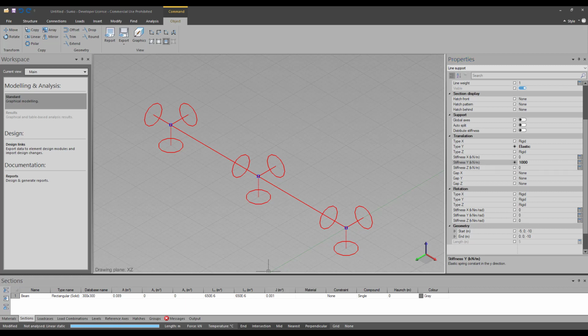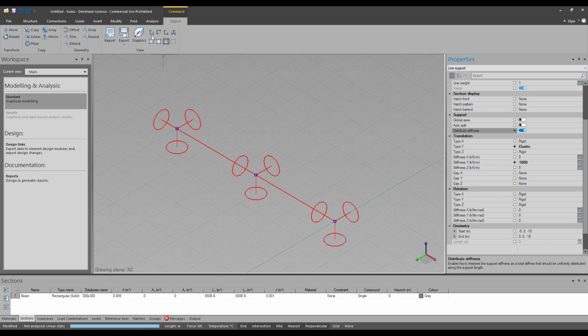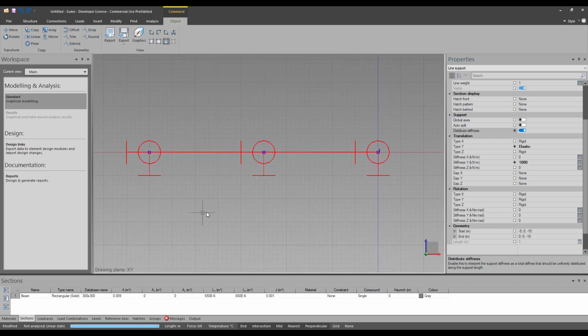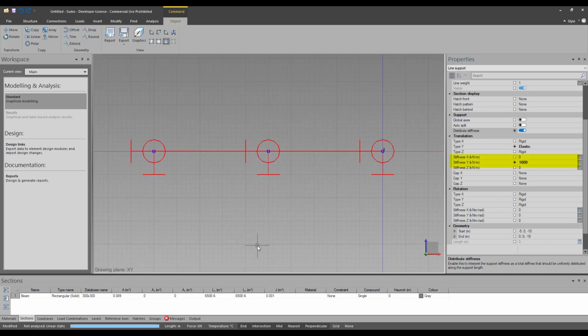When the distribute stiffness is on, the stiffness value is divided between the number of nodes for each beam. Each point support along the line support will receive a weighted value depending on the tributary length for each node.